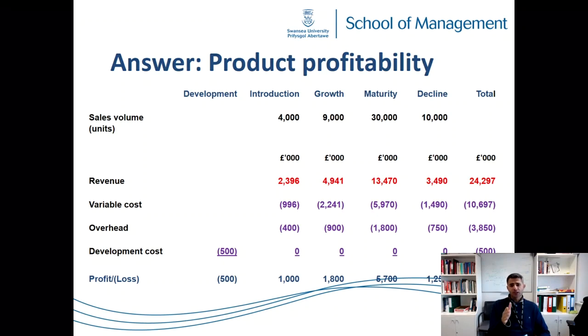So what you need to do right now is work it out in every single stage, and every single stage goes exactly the same. The introduction stage will be the same, growth stage you'll do the same, maturity the same, and decline the same. If you look at the results, you can see the highest profit would be at the maturity stage, then it declines.